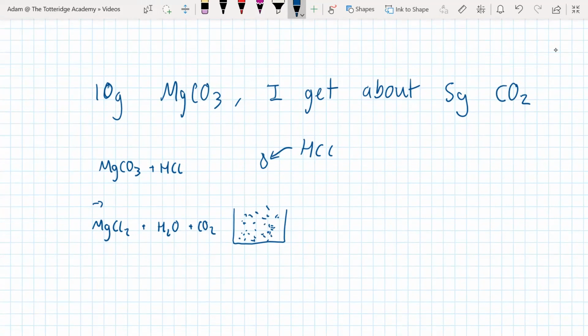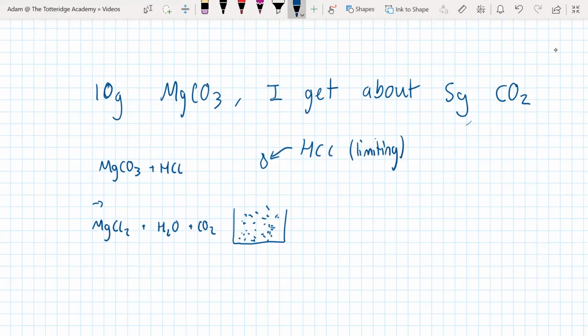Do we think that I'm actually going to get 5 grams of carbon dioxide? Well, probably not, because 1 drop of HCl is enough to react with maybe a bit of the magnesium carbonate, but it's not going to be enough to react with all of it. 1 drop is not going to be enough to react with everything. In this case, chemists say that the HCl is limiting.